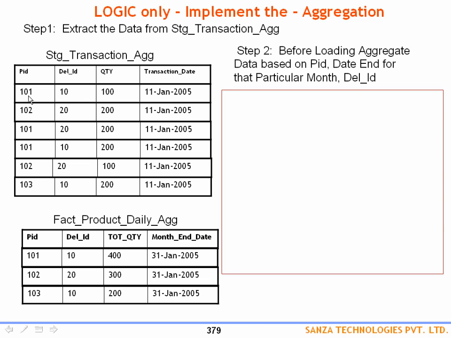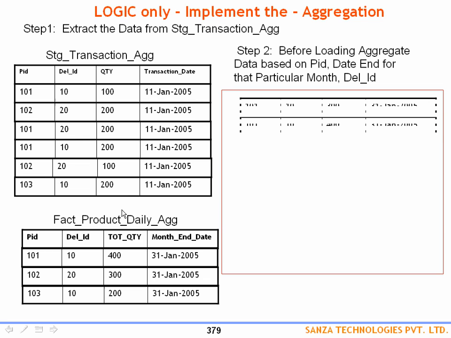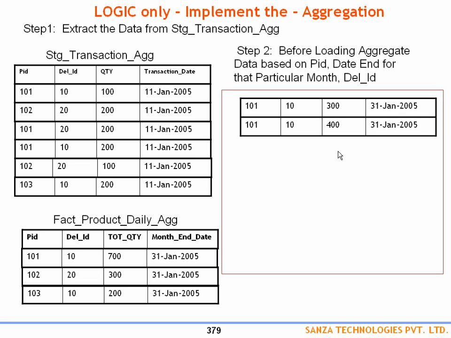So 10110, 100, plus 100, 200, plus already existing for the same combination of 31st January 10110, 400. Again you aggregate this and put it here. Then from the fact table, whatever is the same combination, you take it. Then aggregate it, then update the target table for 700.